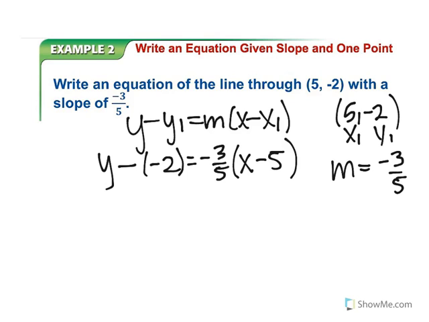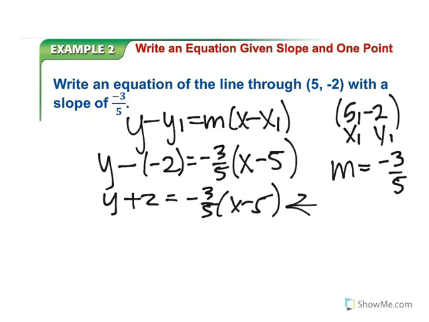And when you have point slope form, you can leave it just like this. You just need to make sure you actually write this as y plus 2 is equal to negative 3/5 times x minus 5. Now, you will be expected to actually turn this into slope-intercept form, so we're going to go ahead and do this. But if it says leave it in point slope form, this is the answer we're looking for. Now, in order to change this to slope-intercept form, we're going to distribute the negative 3/5, and we're going to get y plus 2 is equal to negative 3/5 x.